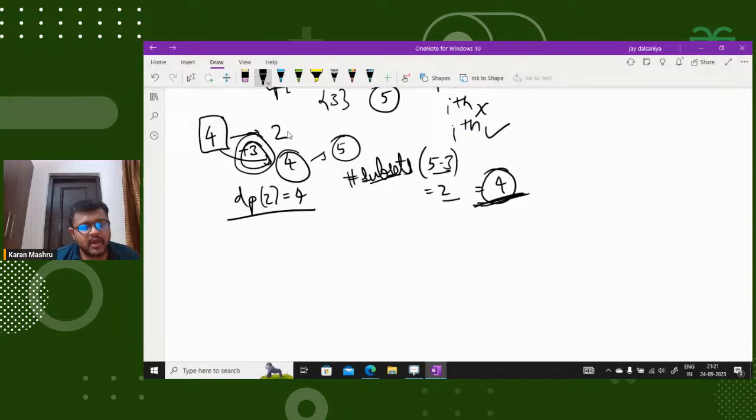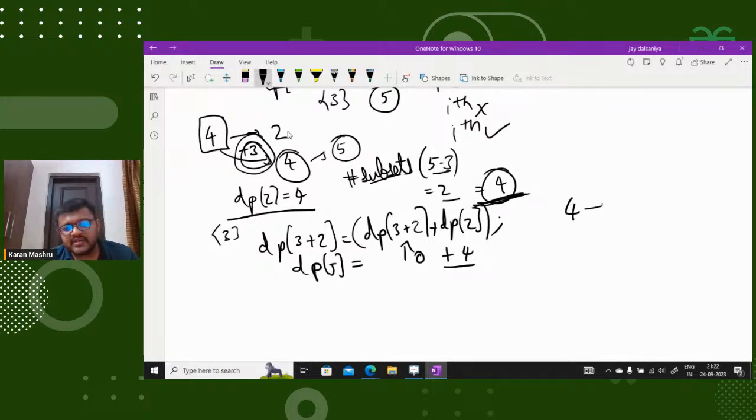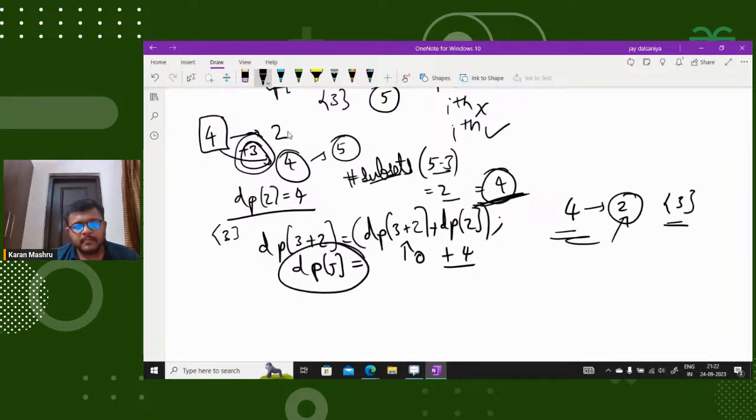Can I say dp of 3 plus 2 is equal to dp of 3 plus 2 plus dp of 2? Suppose this was initially 0 and dp of 2 is 4, then dp of 5 will also become 4. If I add the element 3 to all these subsets whose sum is 2, the number of subsets whose sum is equal to 5 will also become 4, right?